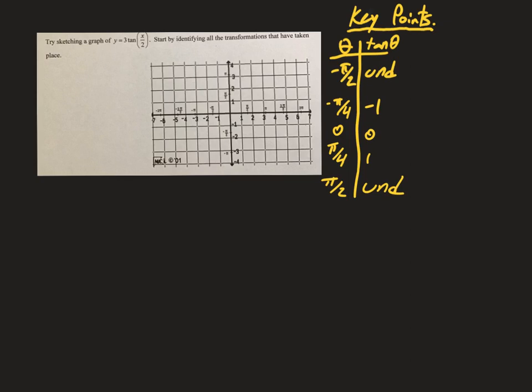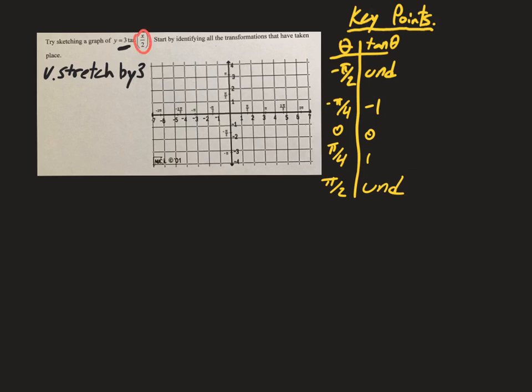Okay, so I see y equals 3 tangent x over 2. The 3 in front of the tangent is going to be a vertical stretch by 3. So it's 3 times taller or steeper than my original tangent graph. And the next thing I see is this x divided by 2.